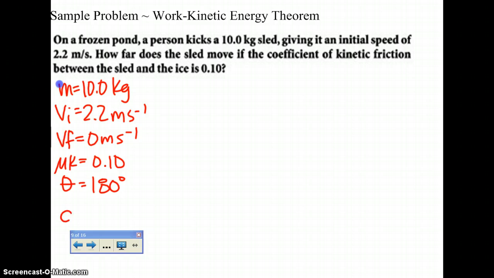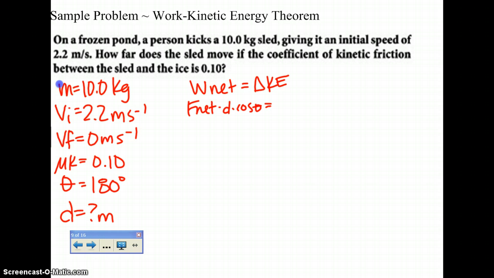And you are trying to solve for how far this object moves. So you have W net equals delta KE, because that is the equation for the work-kinetic energy theorem, whereas your W net is your F net times d times cosine theta, which equals your KEf minus your KEi.